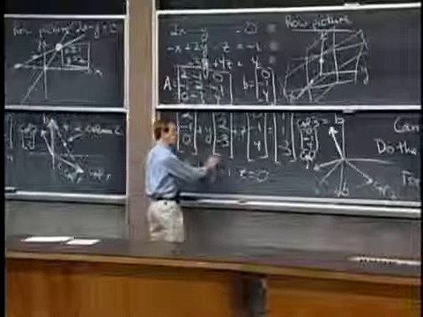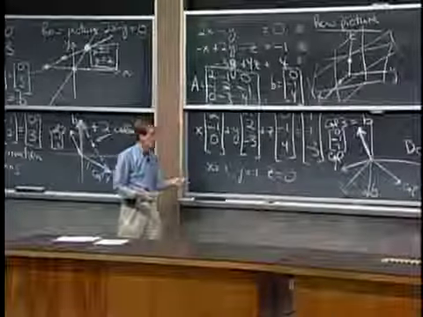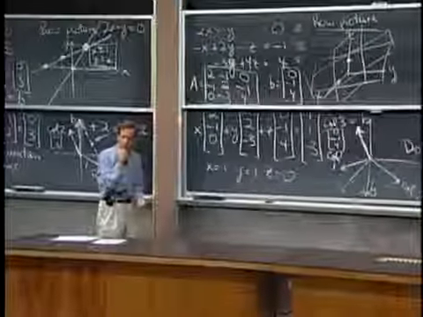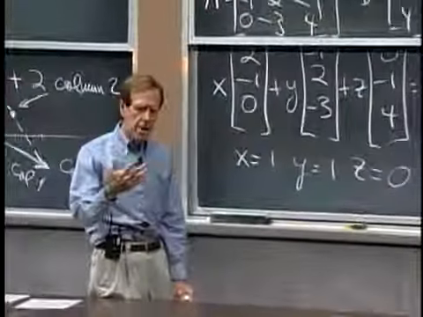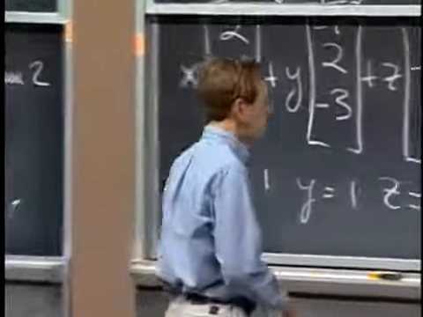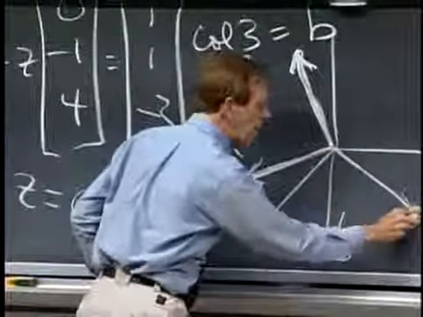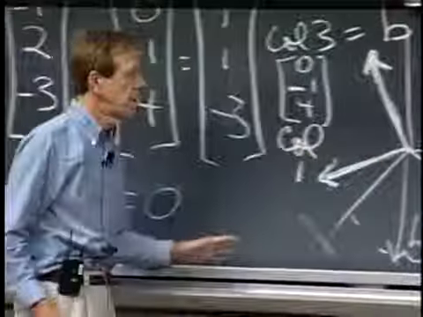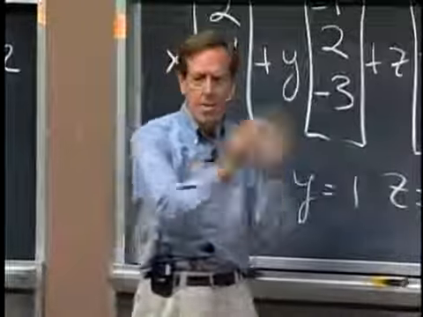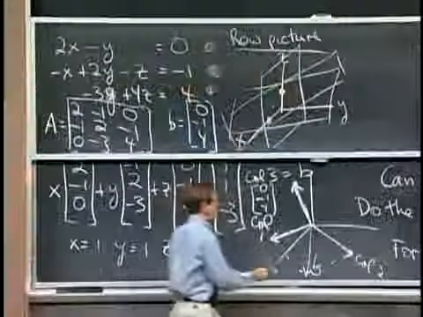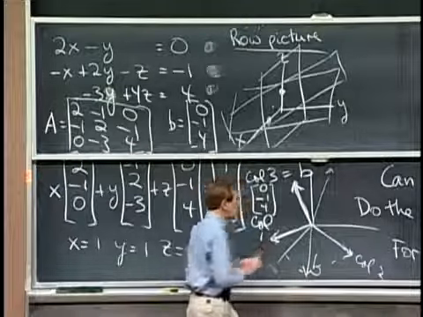There could be other matrices, and we will see them, where the answer becomes no. Actually, you can see when it would become no. What could go wrong? How could it go wrong that out of 3 columns and all their combinations, I would not be able to produce some B?